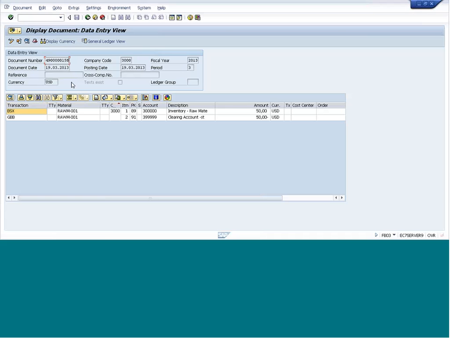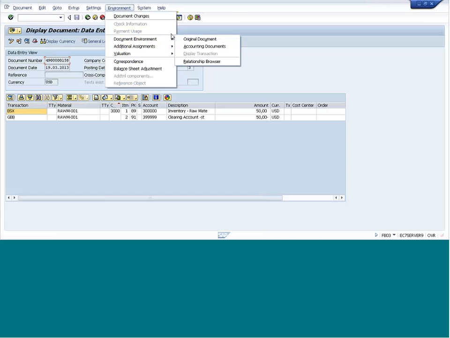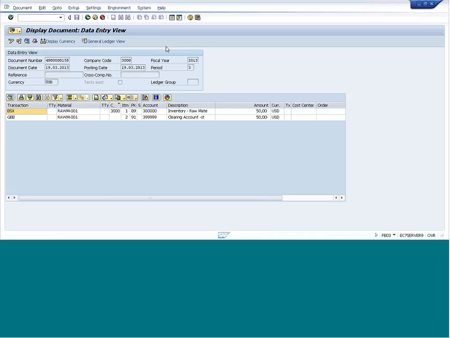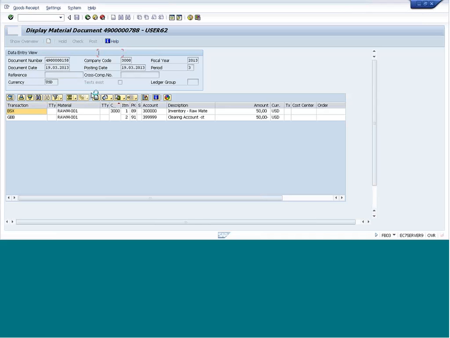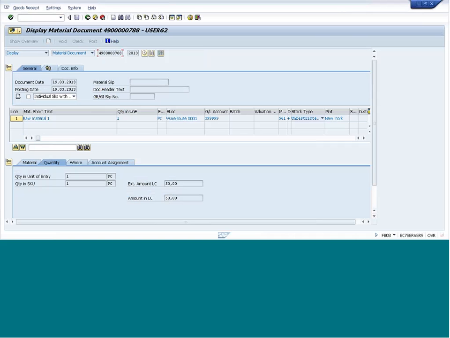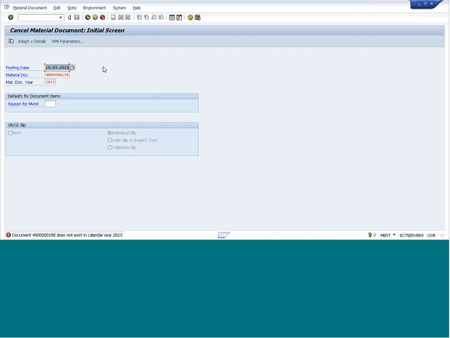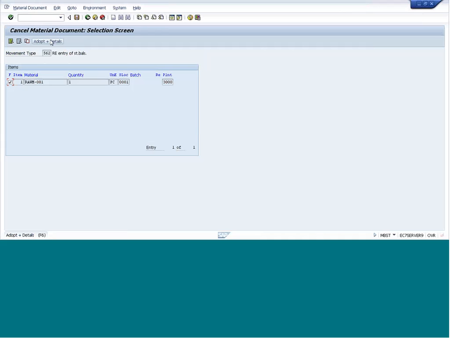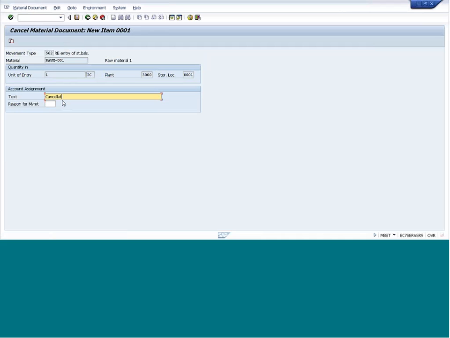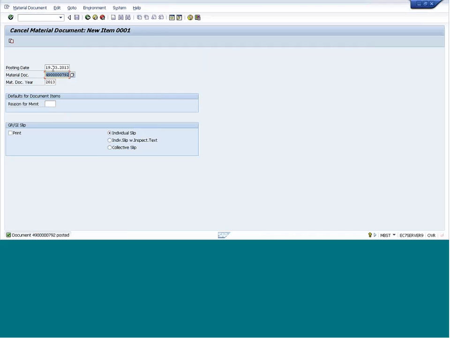Yes, this is the material document. First of all, let us look at this document only, which is 792.